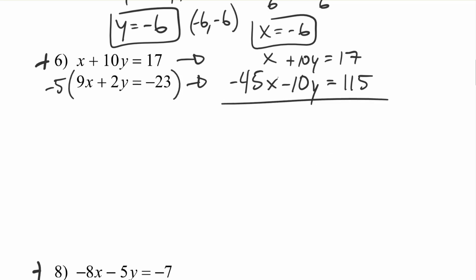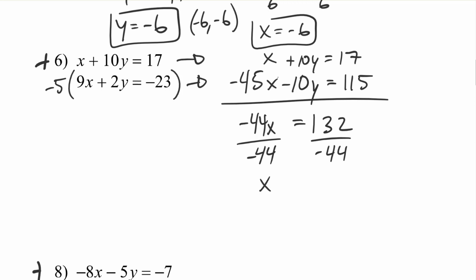So this makes negative 44x equals, and 115 and 17 make 132. So divide this by negative 44, and we get x equals, what's that make? Negative 3. So x equals negative 3.